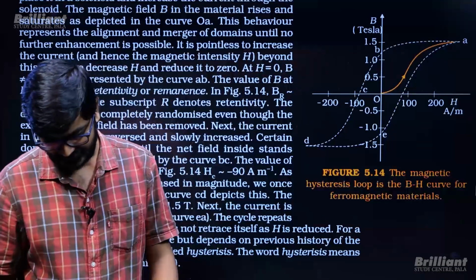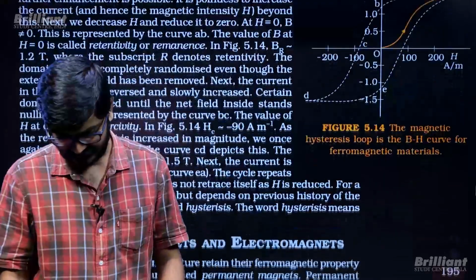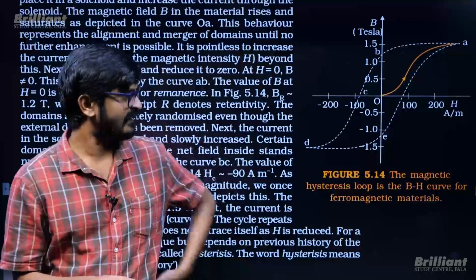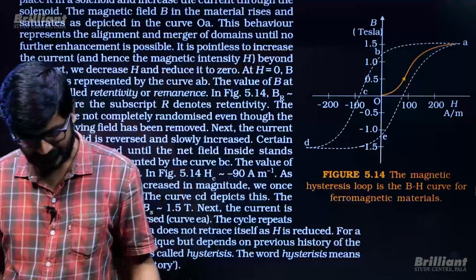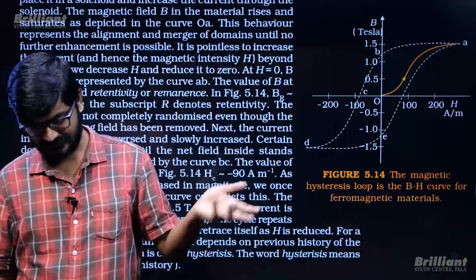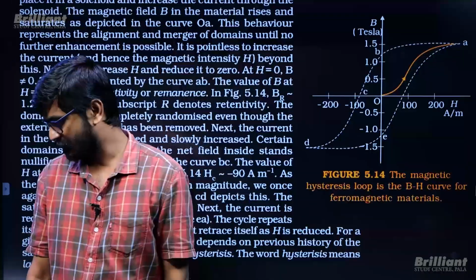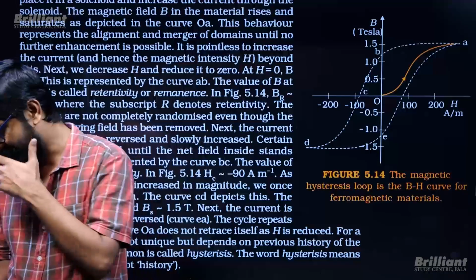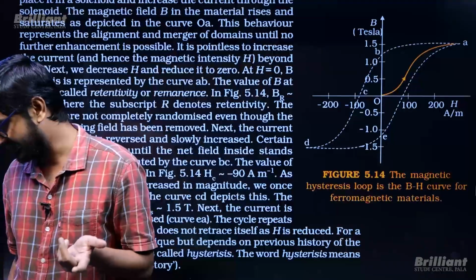The word hysteresis means lagging behind and not history. And the area of the hysteresis loop, they didn't give it in the NCERT, but it is important. The area of the hysteresis loop is proportional to the thermal energy developed per unit volume of the material as it goes through the hysteresis cycle.